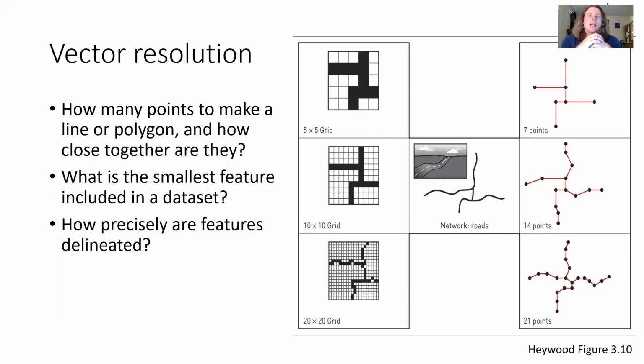So do we only have points to represent where there are intersections or major turns? In which case we could represent this road layer with just 7 points. Or do we want to represent the curves in the road as it travels along a hillside or moves through a valley or something like that? In which case you can add more points to represent more curves on a line, and you'll then have higher resolution vector data.